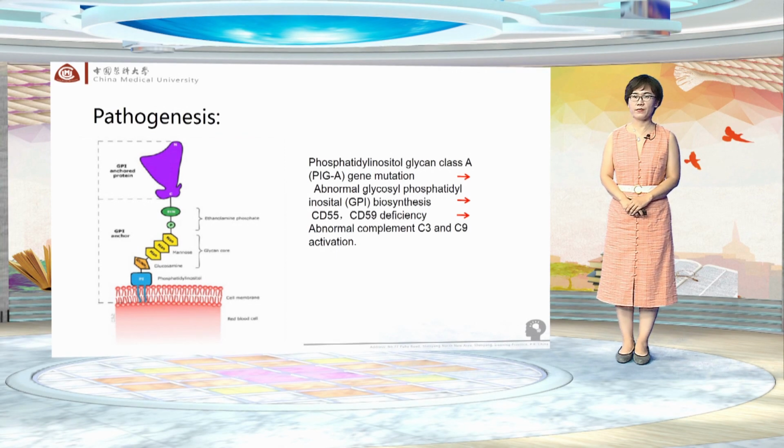Lack of CD55 and CD59 on the red blood cell surface is mostly responsible for the clinical manifestations in PNH. CD55 and CD59 can inhibit complement C3 and C9 activation and protect normal red blood cells from hemolysis.